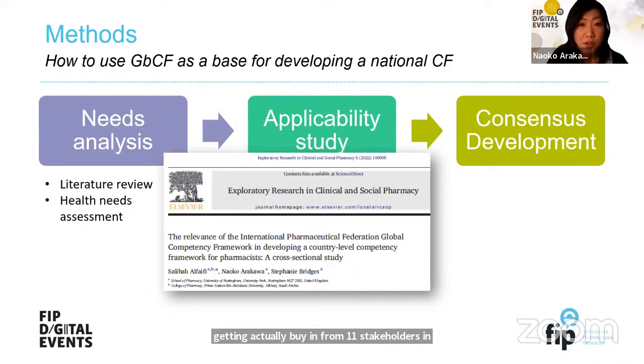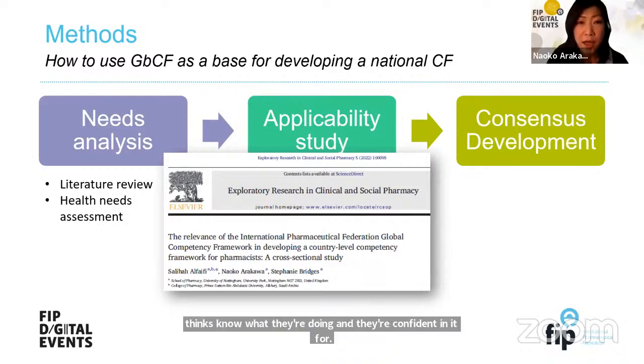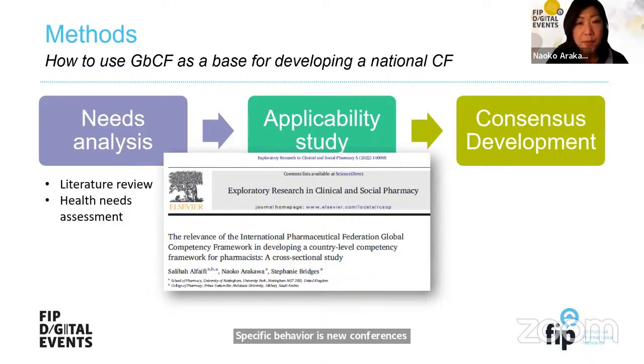And then this consensus development method was informed by the previous applicability study, so that all key stakeholders in the panel of the consensus development were informed what the actual pharmacists think they are doing, and that they are competent for specific behaviors and competencies informed in the GbCF.